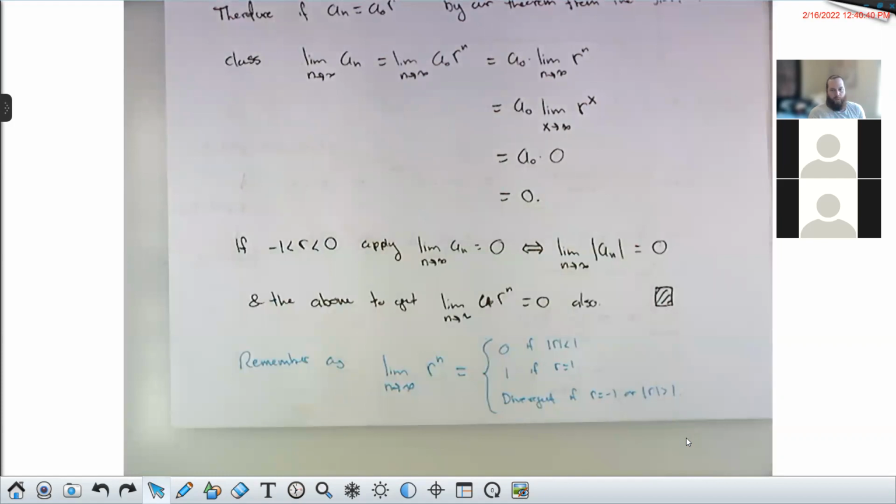And again, the truly important part is the first part: if r has absolute value smaller than 1, then r to the n will have limit 0.